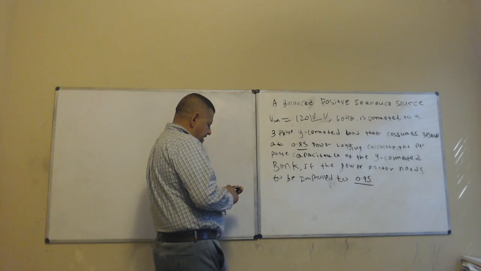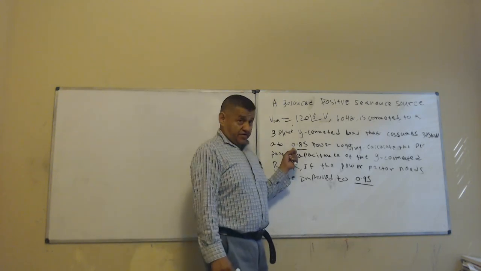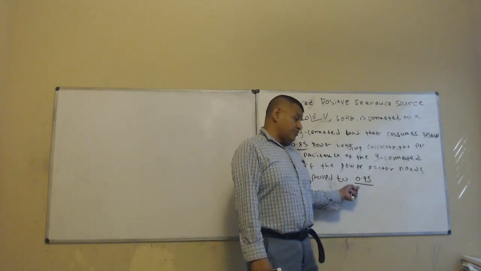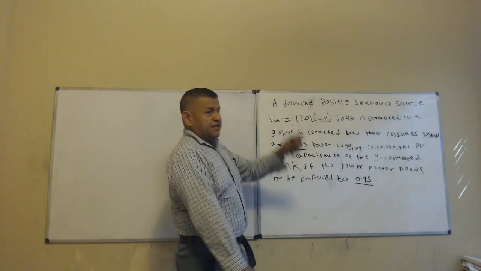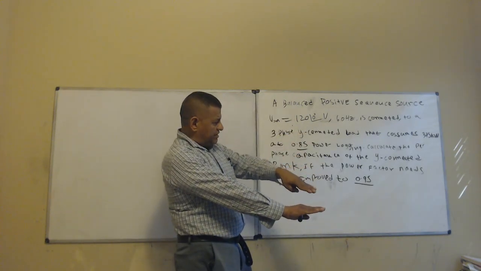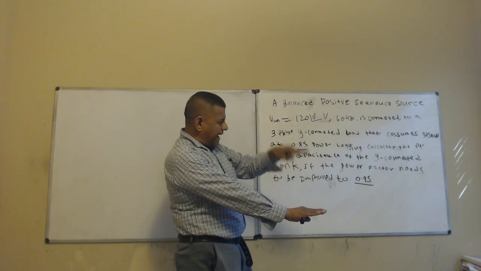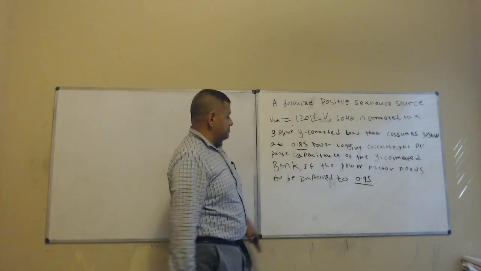The angle for the old one is going to be bigger and the angle for the new one is going to be smaller. The better the power factor, the smaller the angle, getting almost to zero.